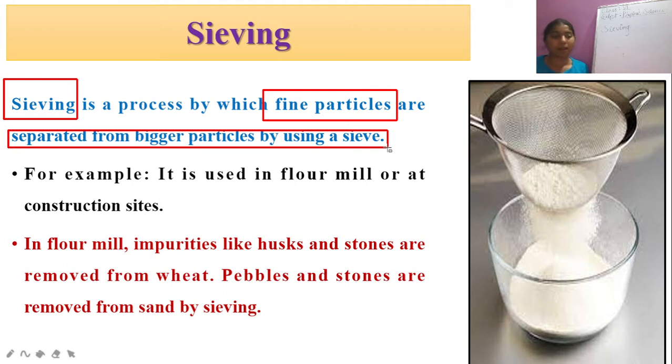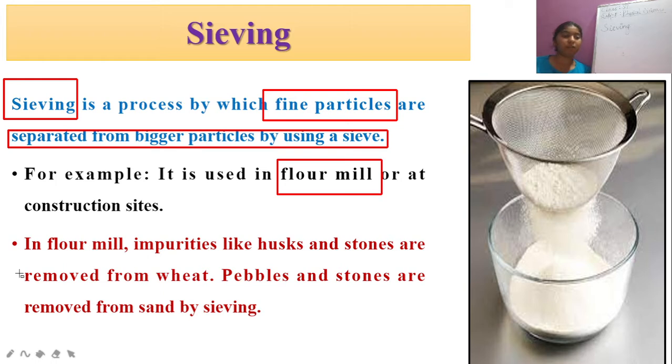Now students, for example, it is used in a flour mill or at a construction site also. You have seen that people take out the fine particles at a construction site for making the walls properly and fine, right? So that way we can also use a sieve.